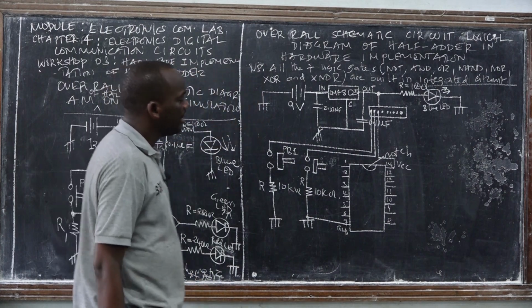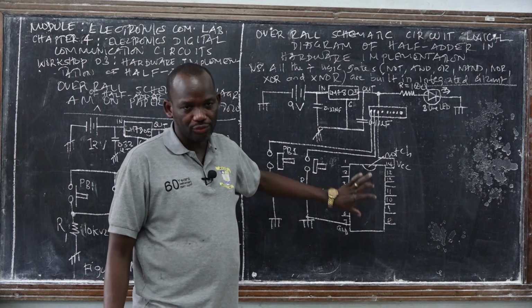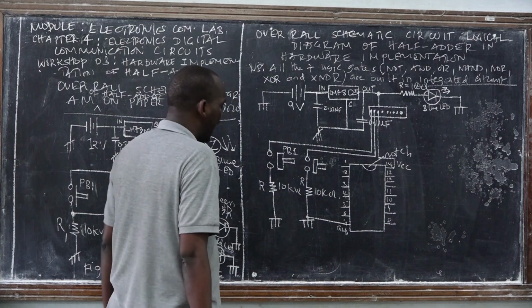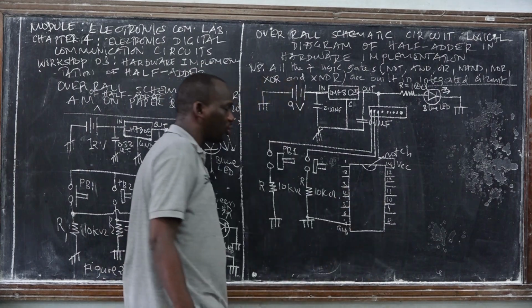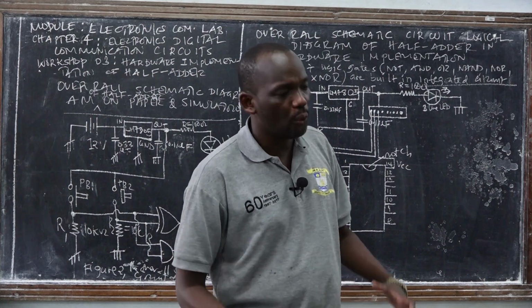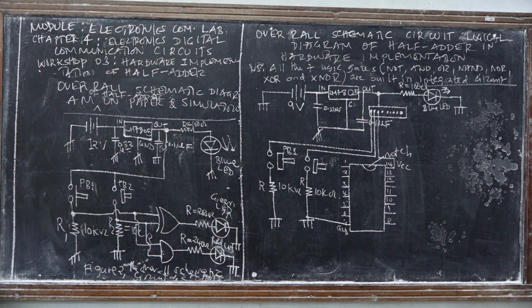So you have seen where we should supply power to the exclusive OR gate. This exclusive OR gate is quadruple, it means it is a quad exclusive OR gate. It means within it has just 4 exclusive OR gates. To implement our half adder, we just need 1.